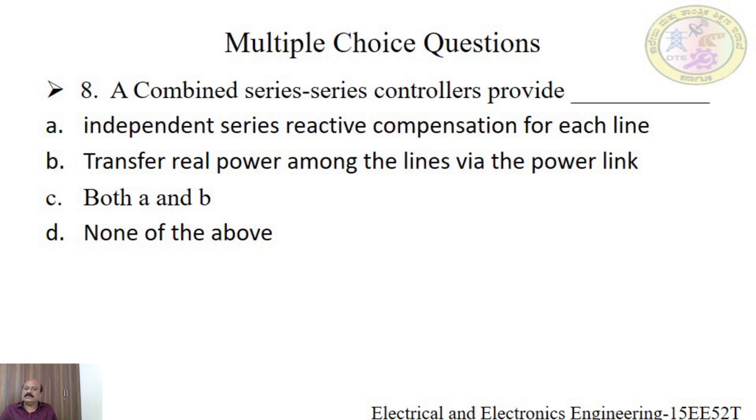Hence, answer C should be the appropriate answer. Let us see. Yes, answer C, both A and B. That means a combined series controller provides independent series reactive compensation for each line. Then, in addition to that, it transfers real power among the lines via the power link. Hence, C is correct.